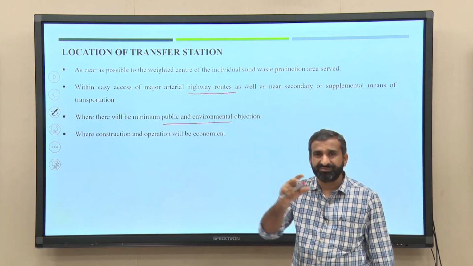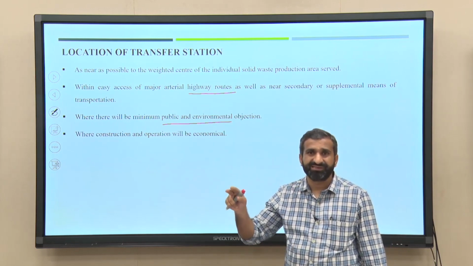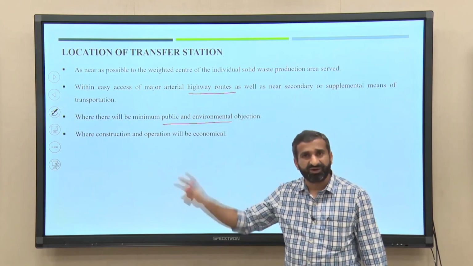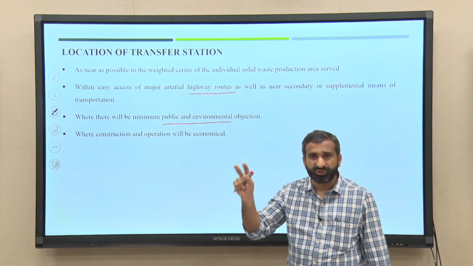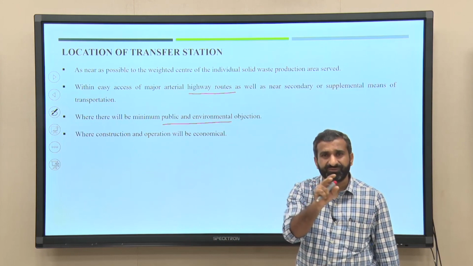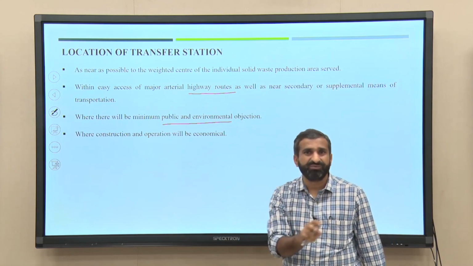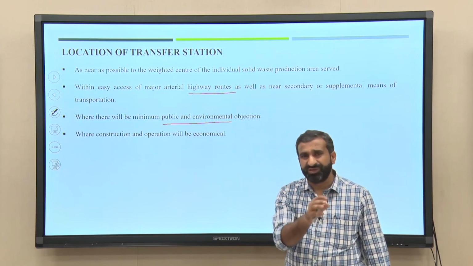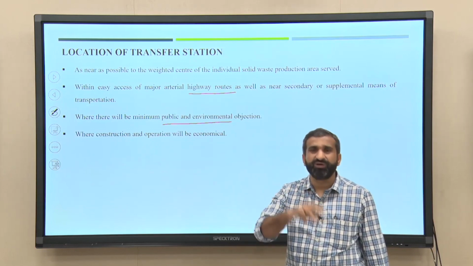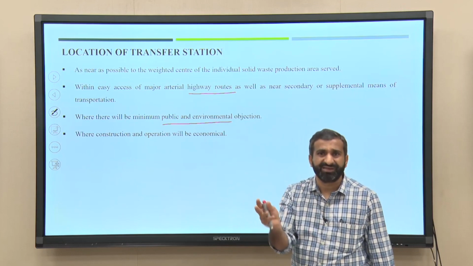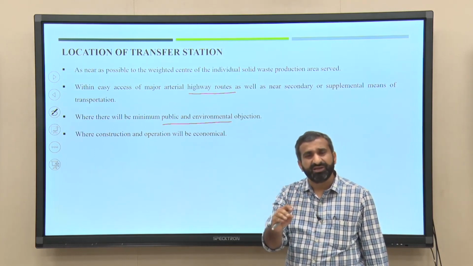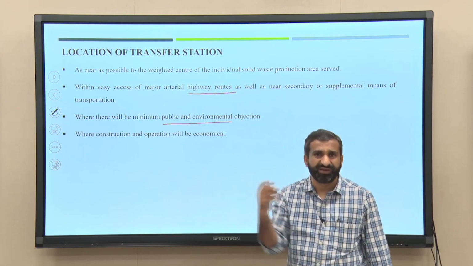Because we are already segregating the waste at the household or commercial area, the wet waste will go to the direct load. So, there will not be any storage of the wet waste, so there will not be any odor issue, or any kind of biological degradation of that waste. Only the dry waste will go to the storage load facility.